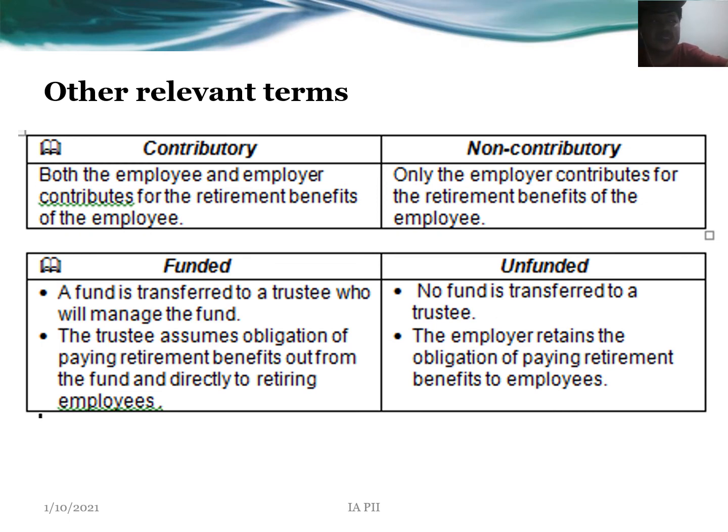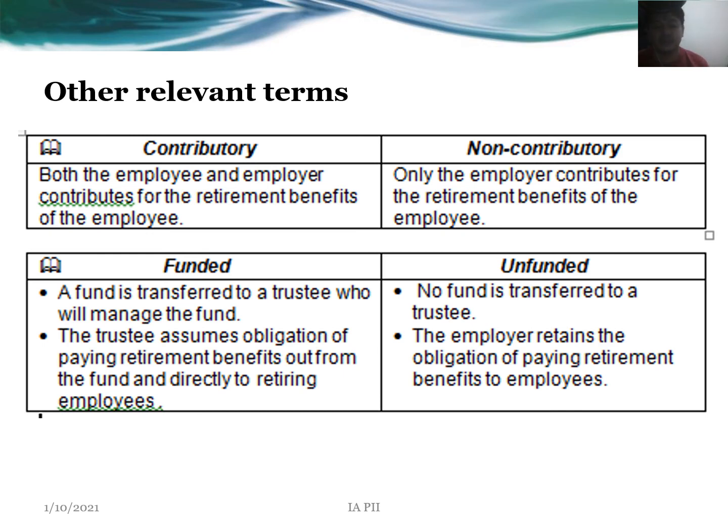So, depende sa agreement nila kung equal or mas malaki kay employer. Basta nandun sa agreement nila yan. On the other hand, non-contributory, only the employer contributes to the retirement benefits of the employee. So, non-contributory, si employer lang ang maghuhulog.